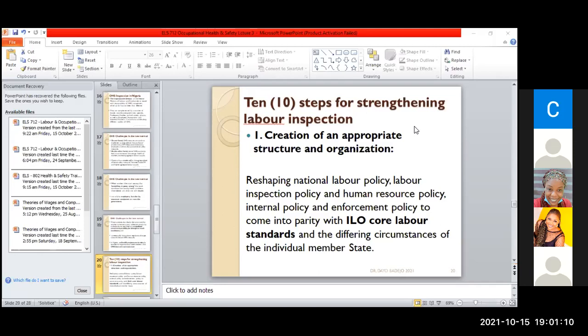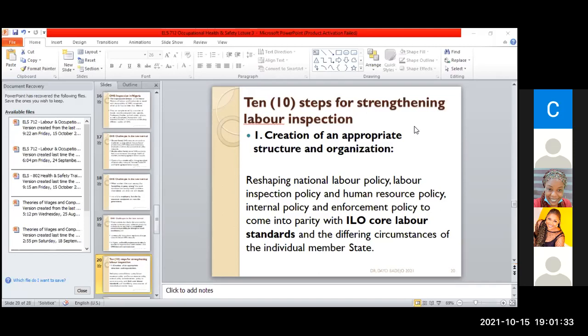We'll get there. So I want you to pay attention to the 10 steps. As I said, not just to lament, but how do we strengthen the labor inspection so that they can leverage on all those codes of practice and standards and ensure that our workplaces are safe and healthy. So we have just 10 points.